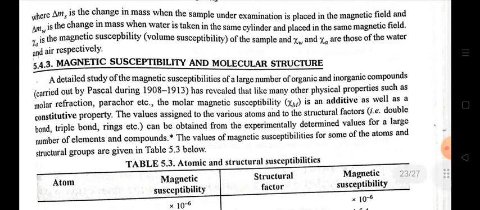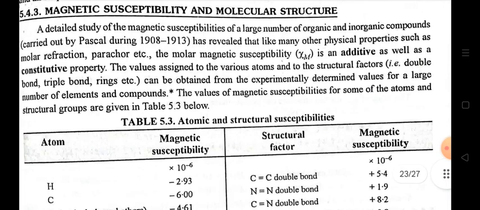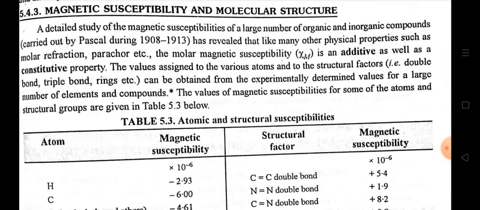Magnetic susceptibility and molecular structure. A detailed study of the magnetic susceptibility of a large number of organic and inorganic compounds carried out by Pascal during 1908 to 1913 has revealed that, like many other physical properties such as molar refraction, parachor, etc., the molar magnetic susceptibility xi m is an additive as well as constitutive property.